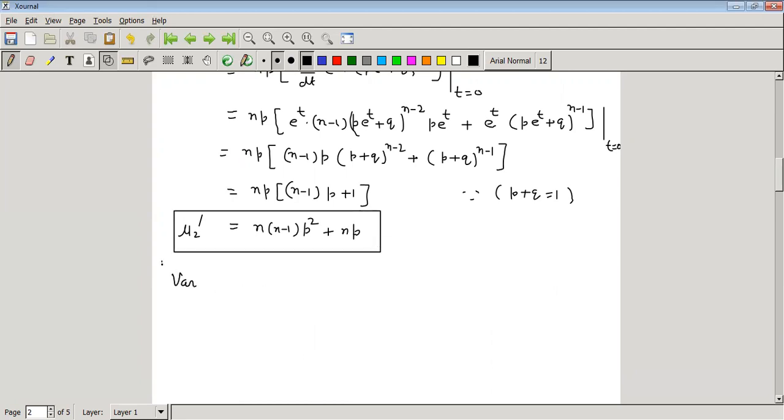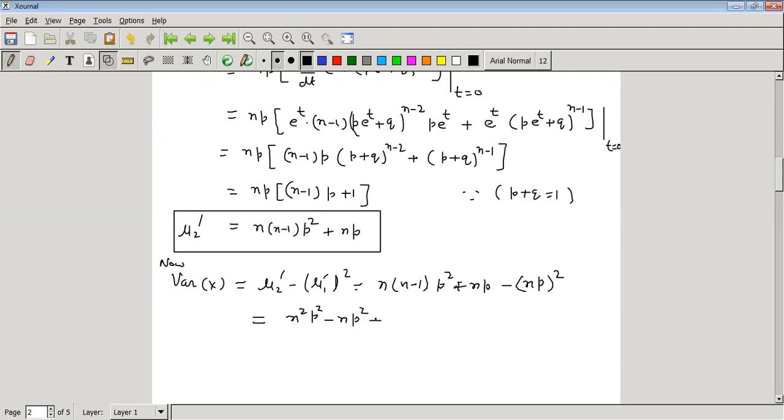Now variance of x, that is equal to mu2 dash minus mu1 dash whole square, that is n into n minus 1 into p square plus np minus mu1 dash, which is np, whole square. This is np whole square. So that is equal to n square p square minus np square plus np minus n square p square.